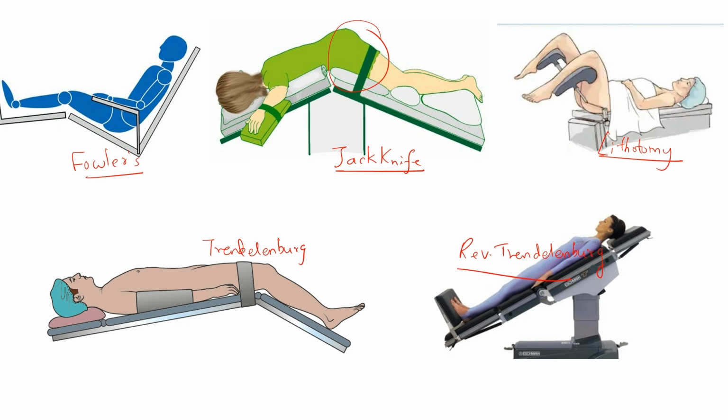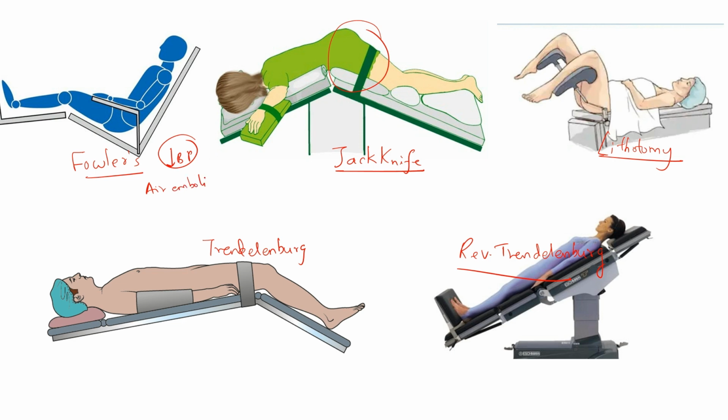Yeah. So these are the common surgical positions we need to remember. If you want to remember something regarding Fowler's position, basically during neurosurgical operations, whenever we accidentally cut open any vein and suddenly you notice any decrease in BP, it means that the patient has got air embolism.